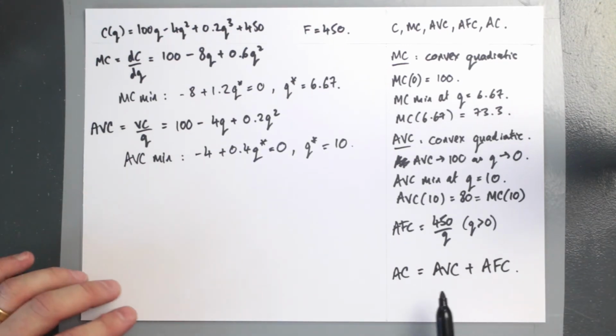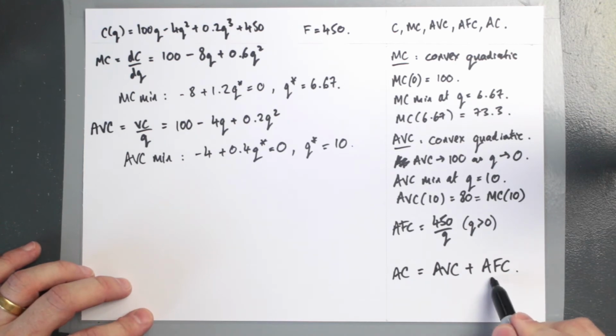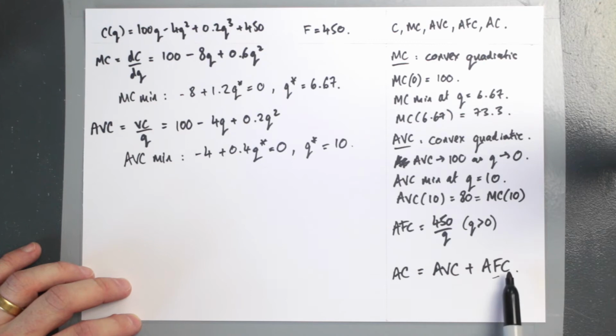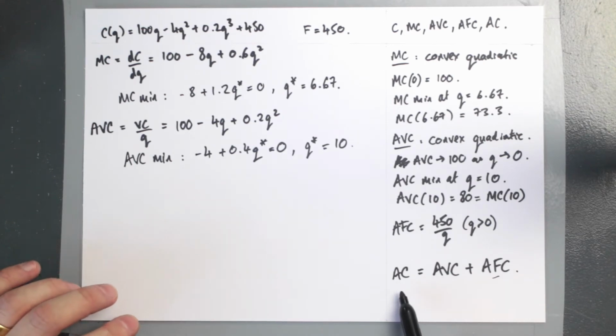But I'm going to just focus on this term to give you the idea. So we said if Q is very small, this average fixed cost, so if Q is close to 0, 0.000 something, this term is enormous. Okay, so average cost is going to be enormous for very low levels of output.